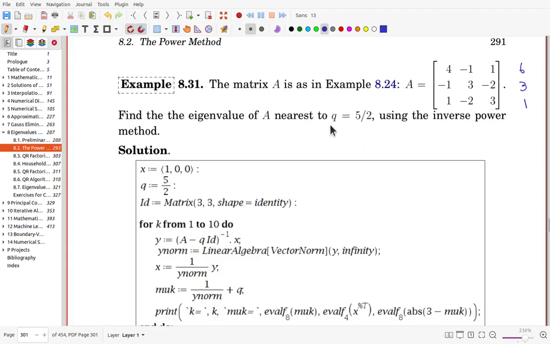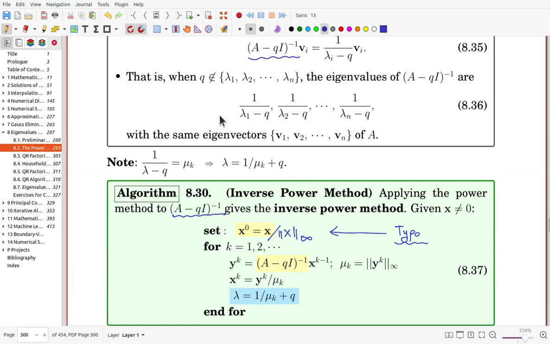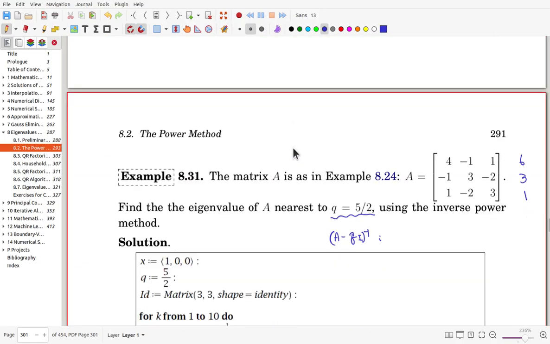So q is chosen as 5 over 2. And the eigenvalues of A minus qI inverse can be, let's go back over there, 1 over lambda 1 minus q, 1 over lambda 2 minus q, and so on.